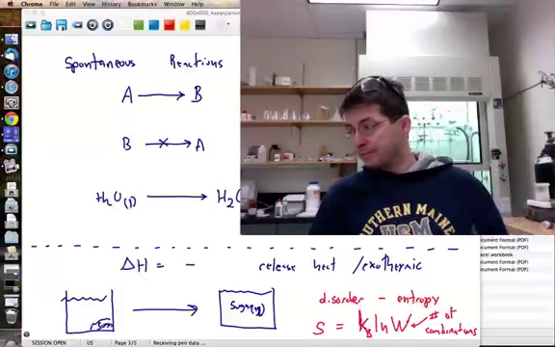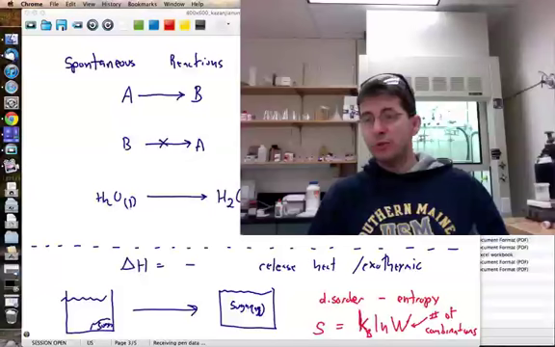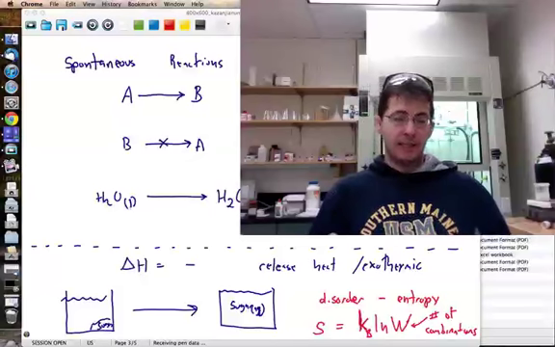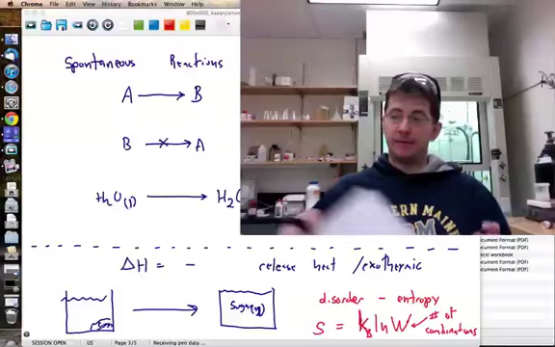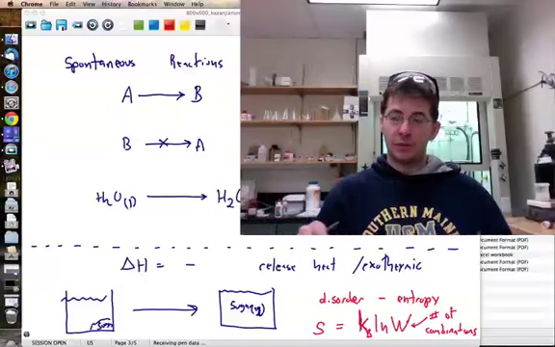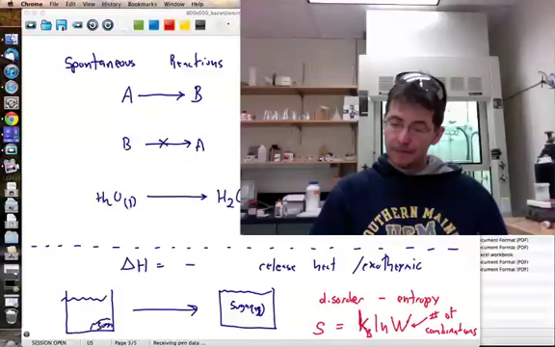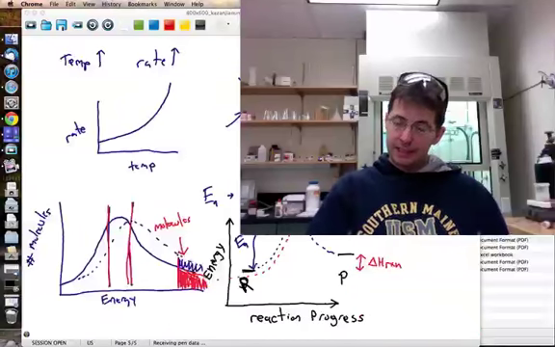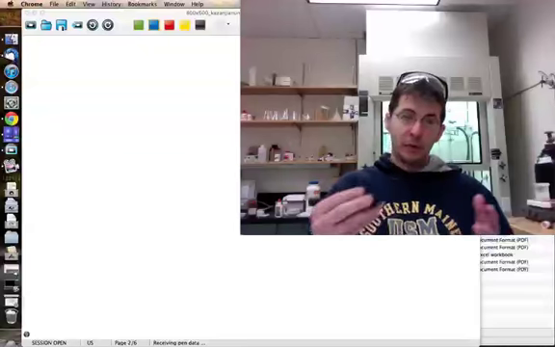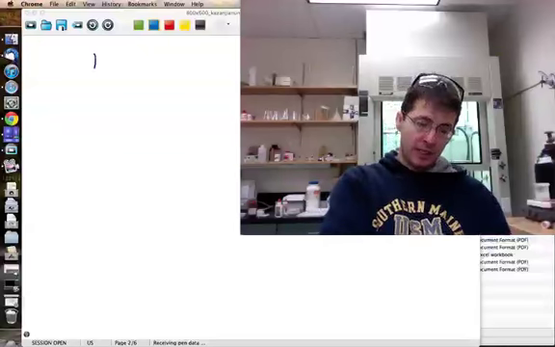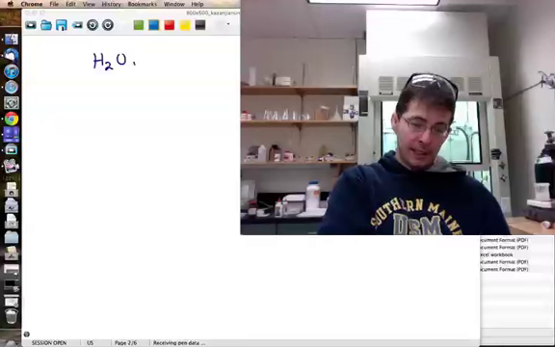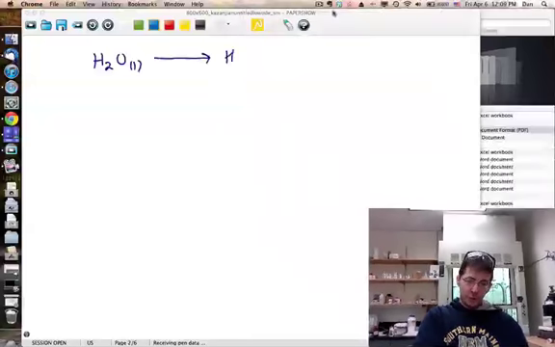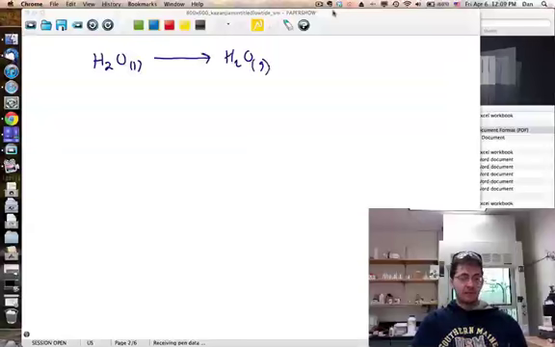More often than not, we can use qualitative descriptions. So we can take a look at water as a liquid going to water as a gas. Which of these has more entropy? Which of these is more randomized?